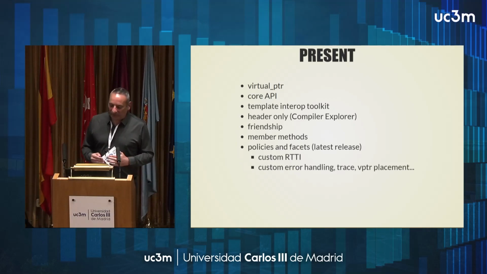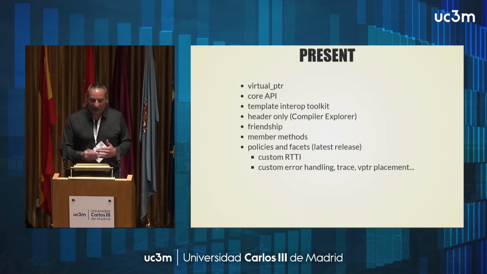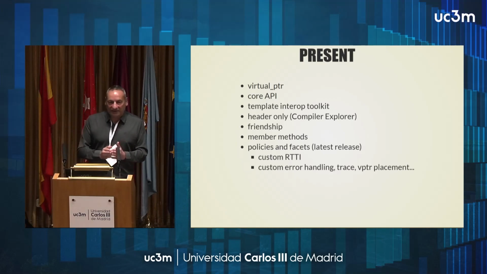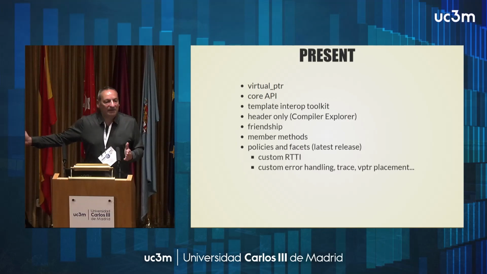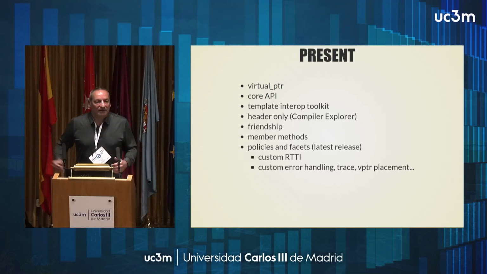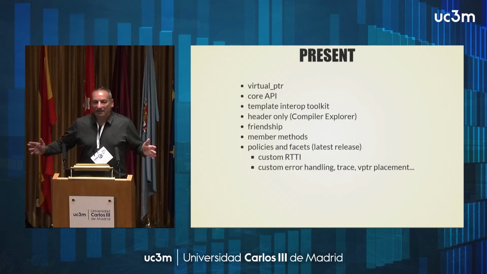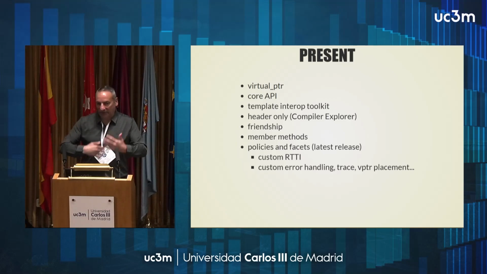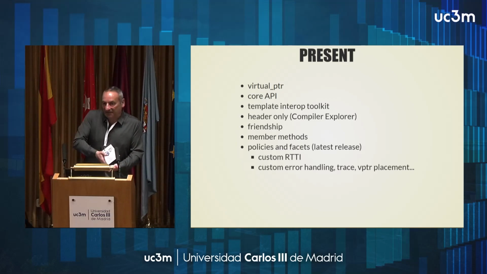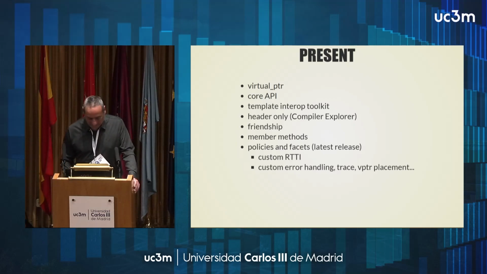There are facets for customizing error handling, tracing, even how you navigate from object to vtable. I have an example where a single pointer to the vtable is shared by an entire page of objects at the same time. And you can also use it to plant the VPTR inside the object, if the object wants to collaborate with us.